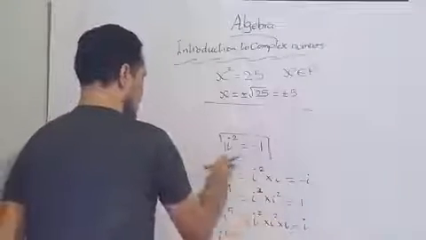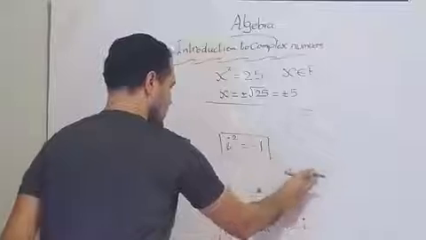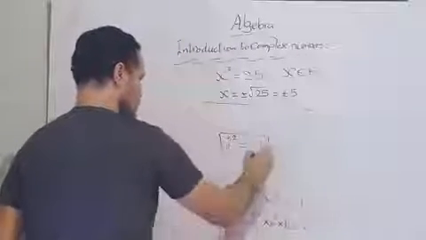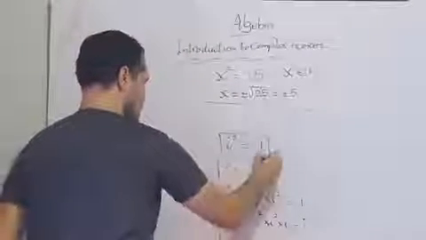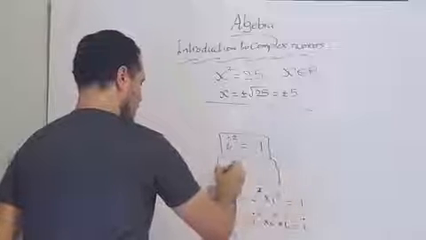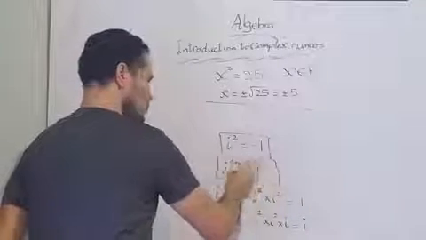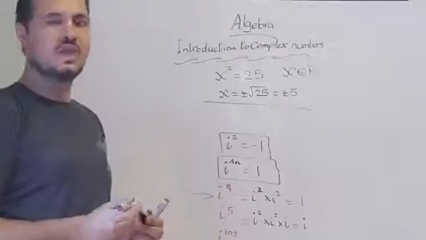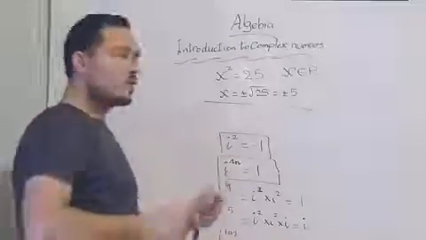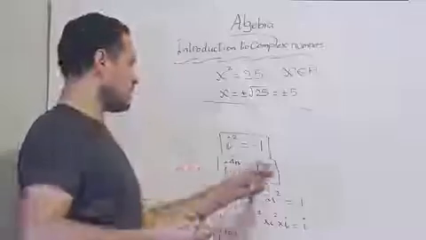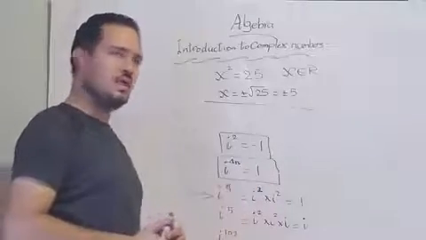Okay, let's write a new rule. i⁴ⁿ equals what? What's the value of n? Any integer. So i to the power 4 times any integer, the value will be 1.